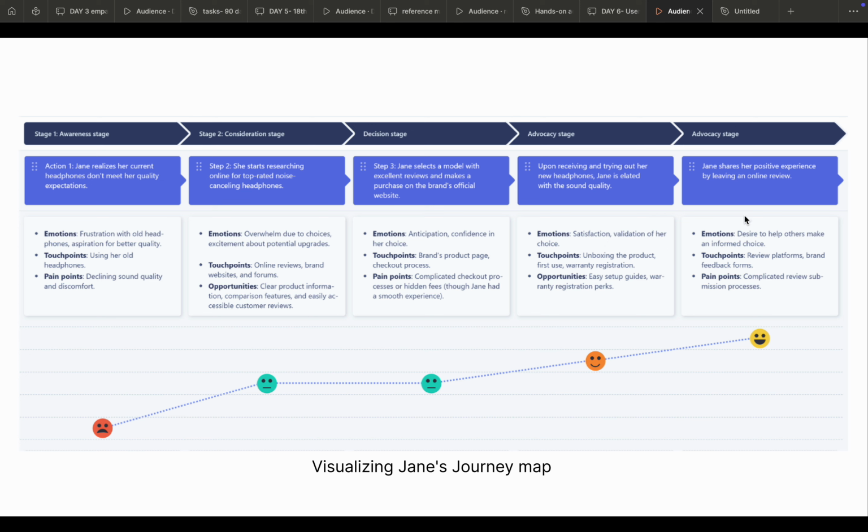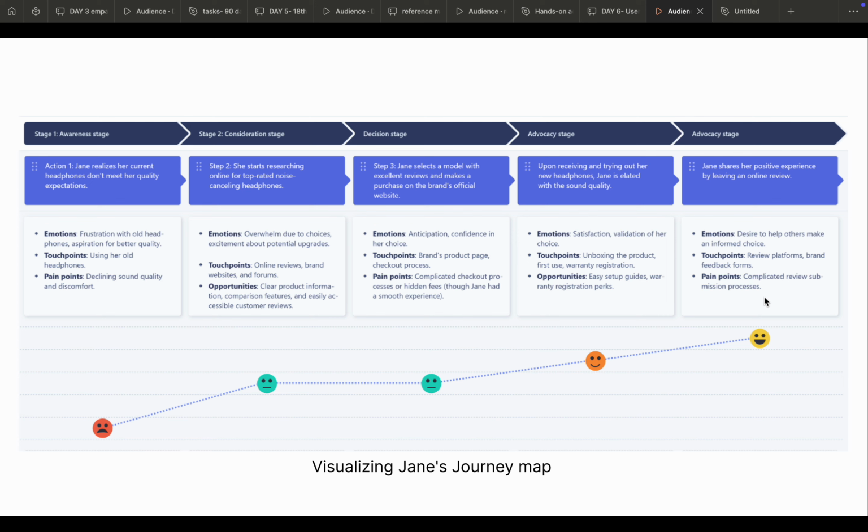And after that she's sharing her positive experience in the online review itself, because she has made a decision only after reading the reviews. So she is giving an honest review on the website, and why is she giving it? Because she wants to help others make an informed decision.